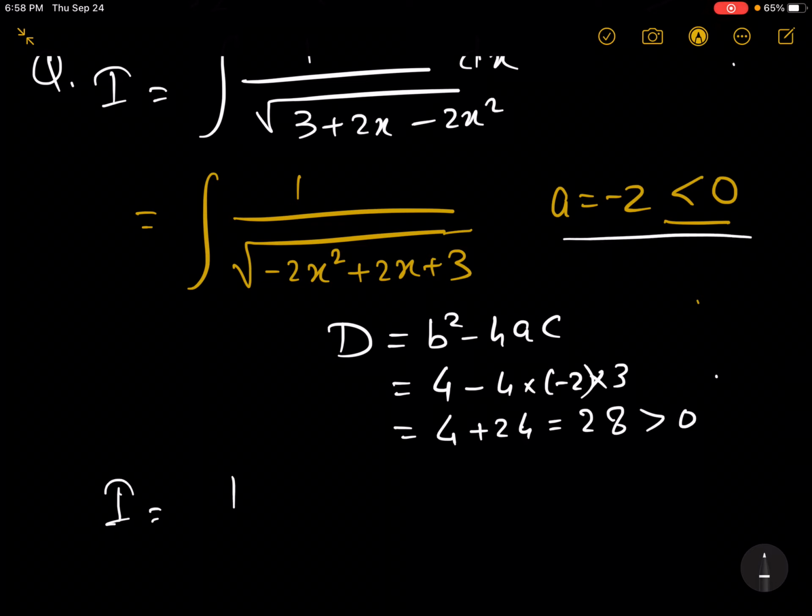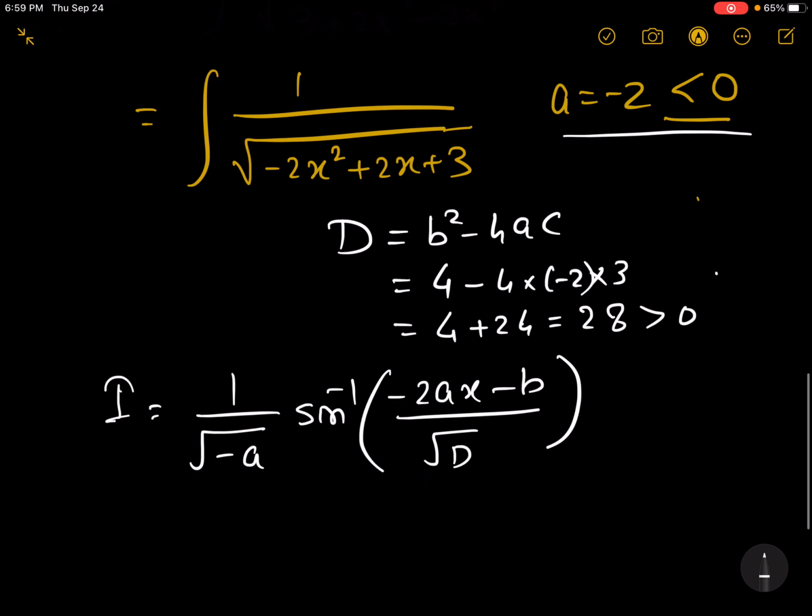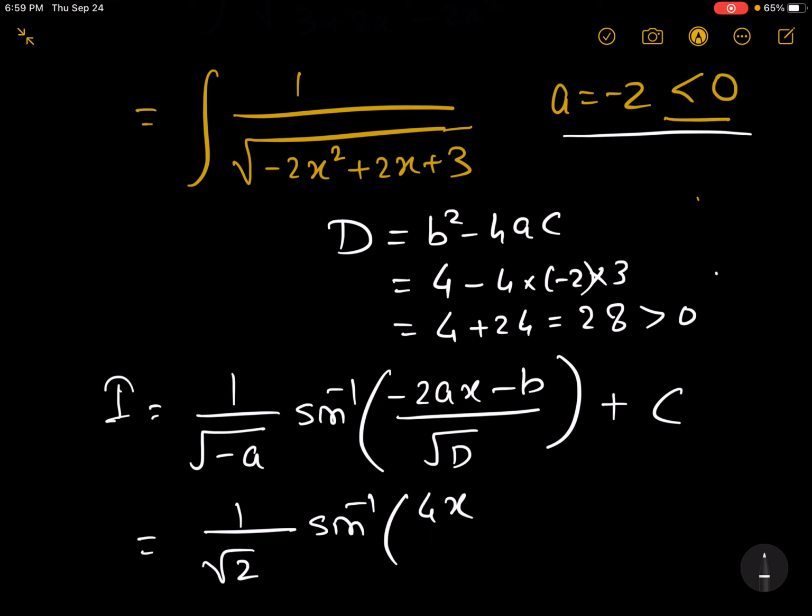And if d is greater than 0 and a is less than 0, then the answer will be 1 upon square root of minus a sine inverse of minus 2ax minus b divided by square root of d. We can substitute all the values. A is minus 2, it will be root 2 sine inverse of 4x minus 2 divided by square root 28, plus c.